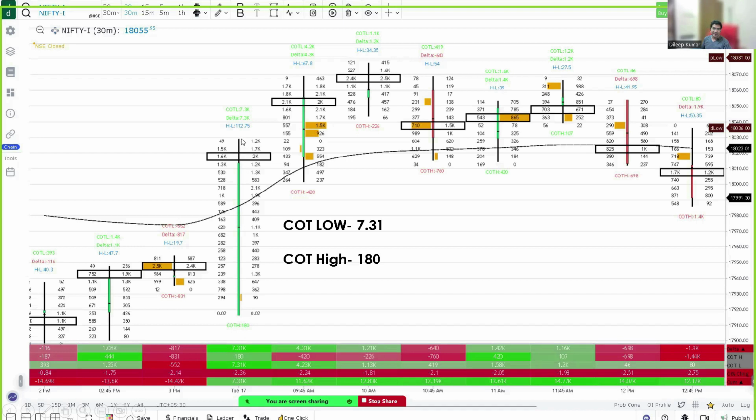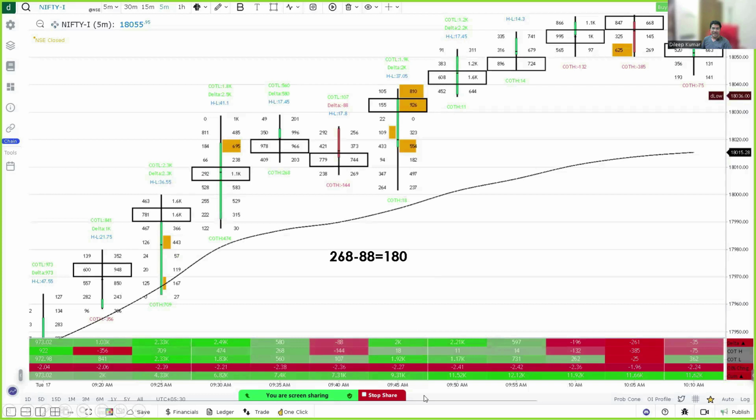So this is the highest point in the 30 minutes, right? Here I have taken 5 minutes. This is where the highest point is, and this high is very little higher than the previous high. This is the highest point, and this is where the prices closed. So this is the highest COT high, 268 here, and we have a delta of minus 88, which means sellers are there.